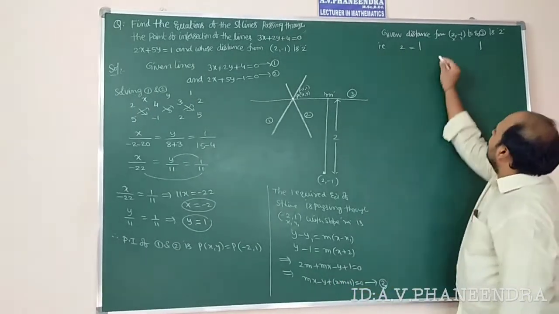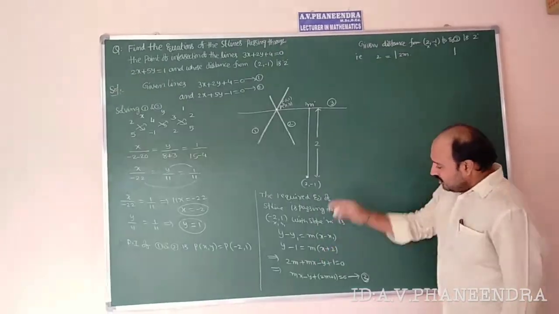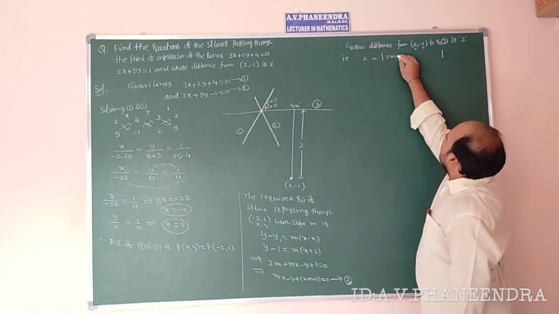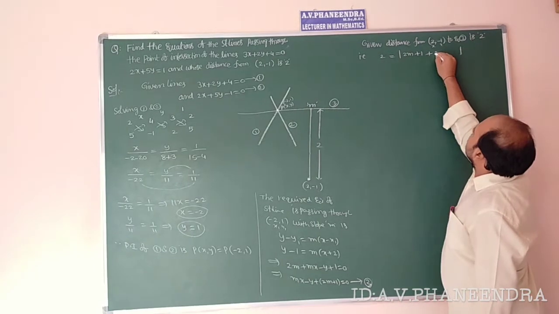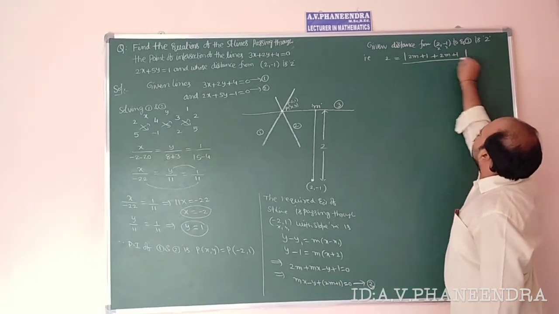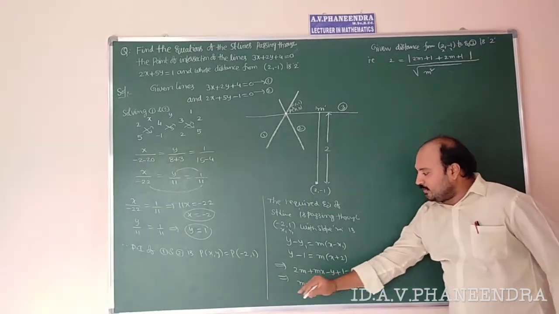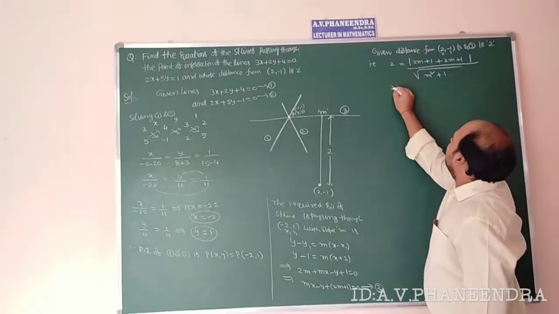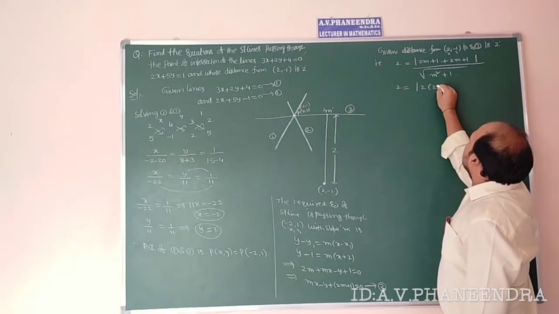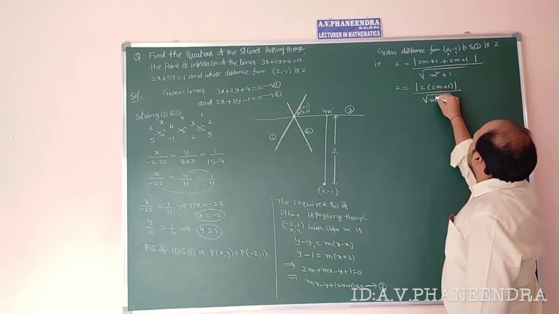So m into 2, that means 2m, after that in place of y, minus of minus 1, plus 2m plus 1, divided by root of x coefficient whole square plus y coefficient whole square. The x coefficient whole square means m square, the y coefficient whole square is minus 1 whole square, that is 1. So 2 equal to mod of 2 times (2m plus 1) divided by root m square plus 1.